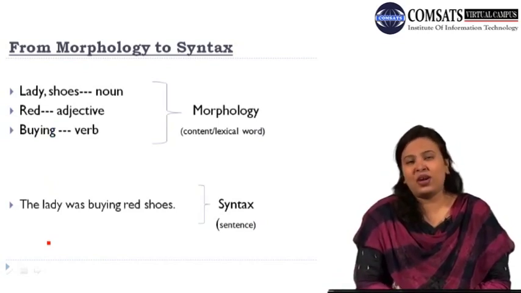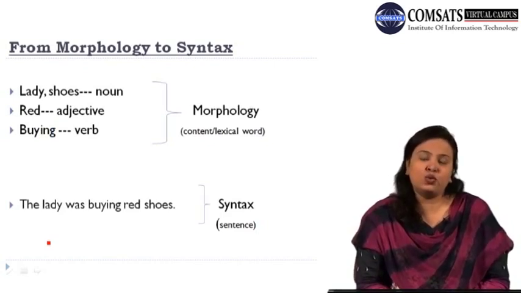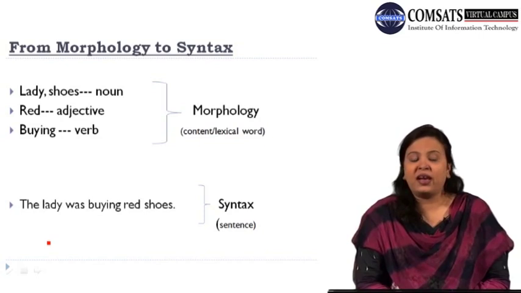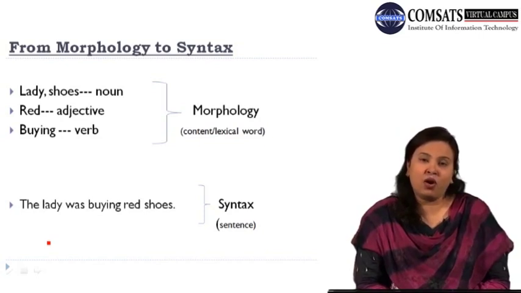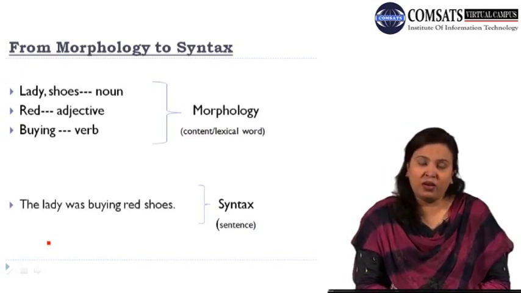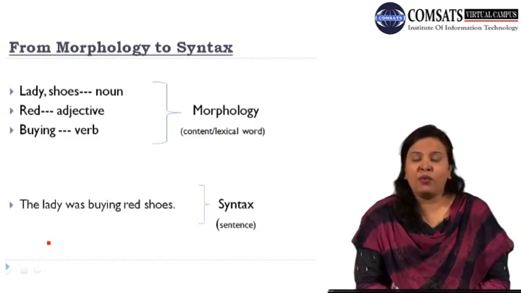For example, look at these individual words. With respect to morphological study, we can say that lady and shoes are nouns, lexical items, or what we have called content words; red is an adjective, a content word; buying is a verb, again a content word; and the article is a function word. But when we combine all these words together, we make a sentence: the lady was buying red shoes.